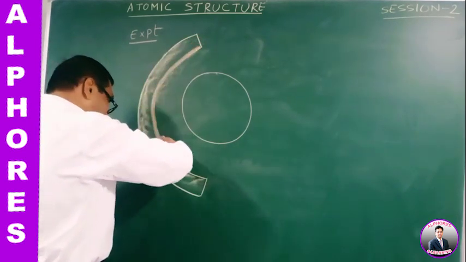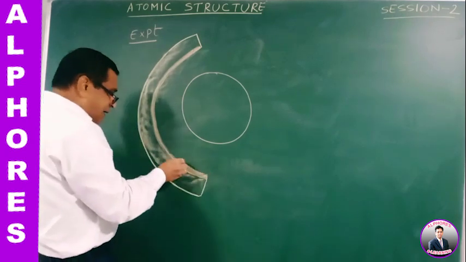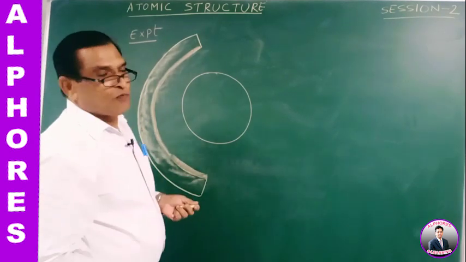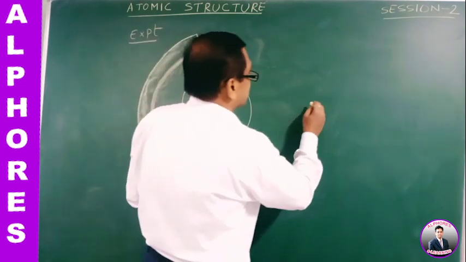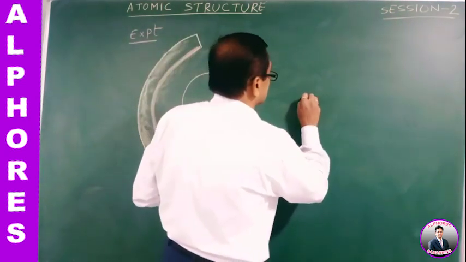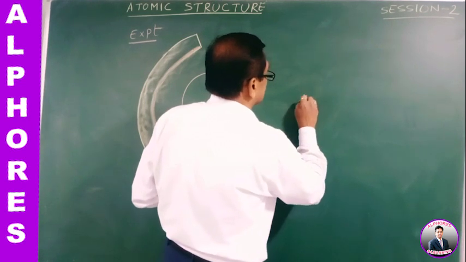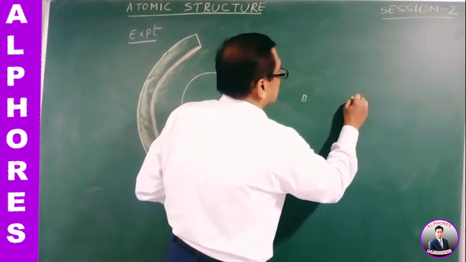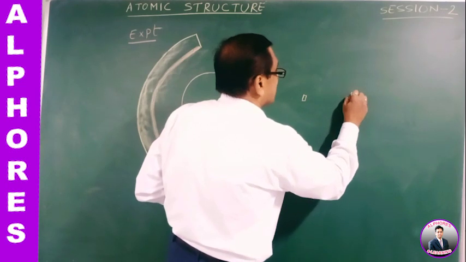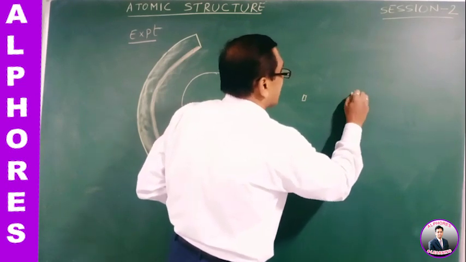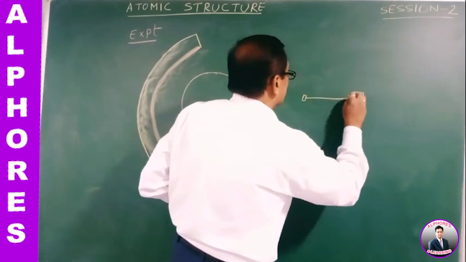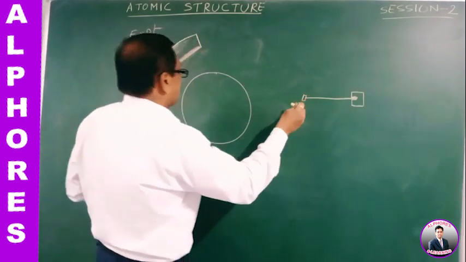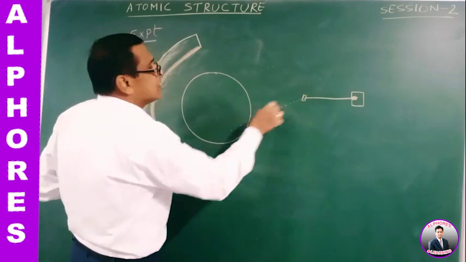When an alpha ray, that is an alpha particle, strikes this fluorescent screen, it causes scintillations. The polonium element is a radioactive element. So the alpha rays obtained from this polonium are scattered and projected on the thin gold foil.